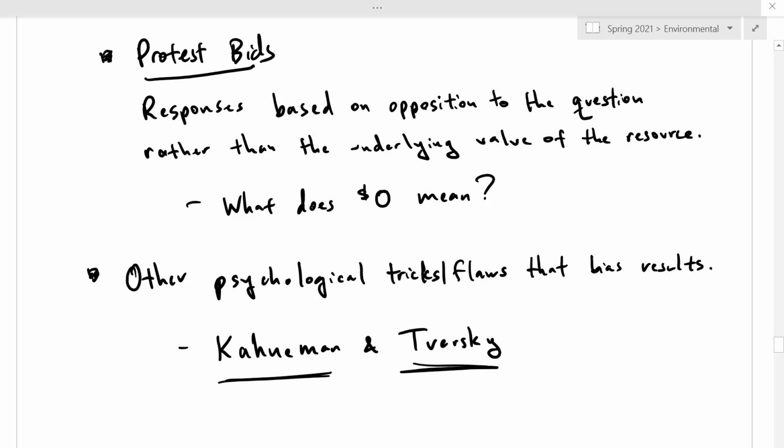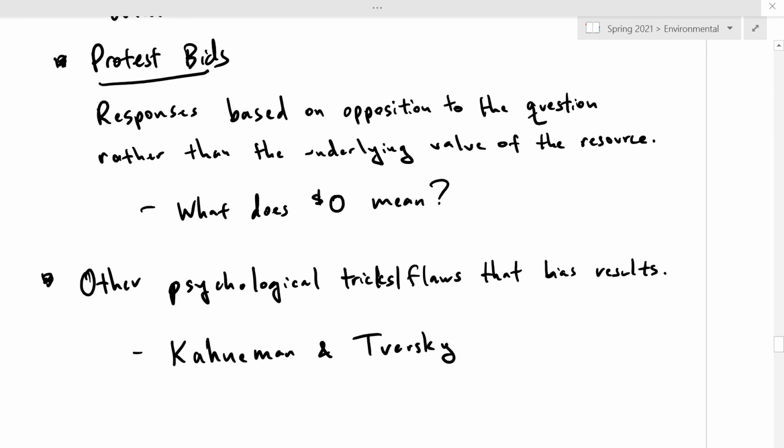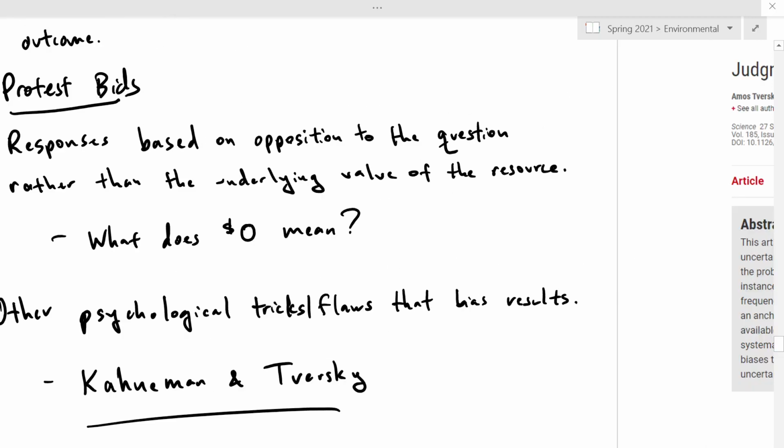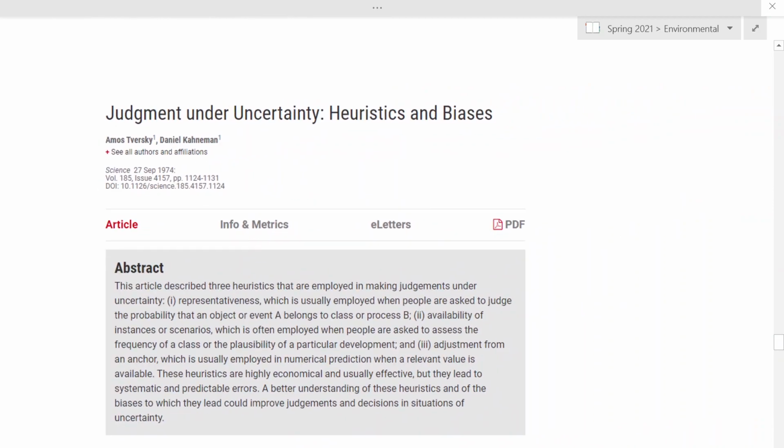Tversky would have been included in that prize as well, except he died, and Nobel Prizes can't go to dead people. But they did work back in 1974, called Judgment Under Uncertainty: Heuristics and Biases. This paper essentially won them a Nobel Prize.